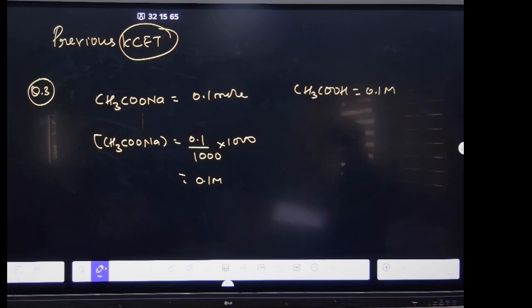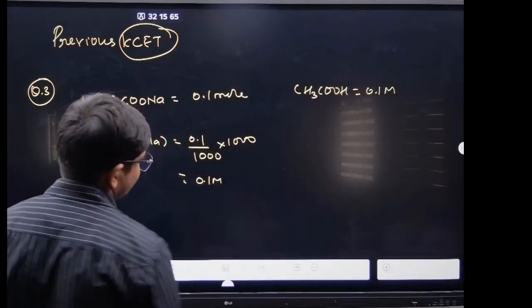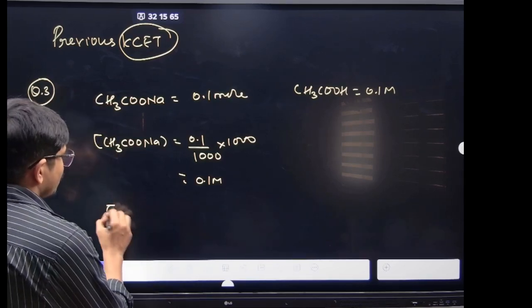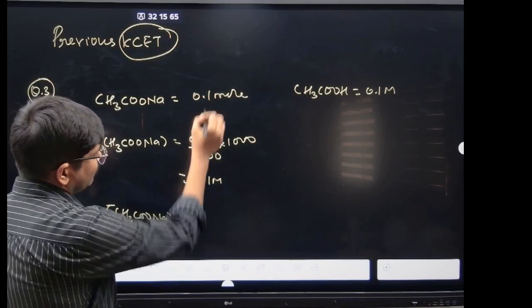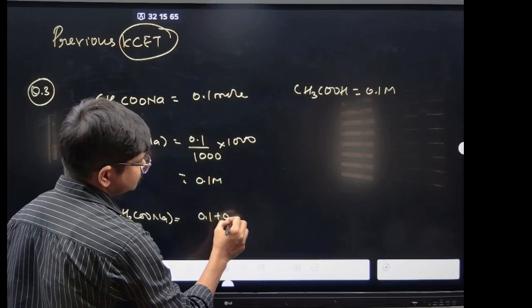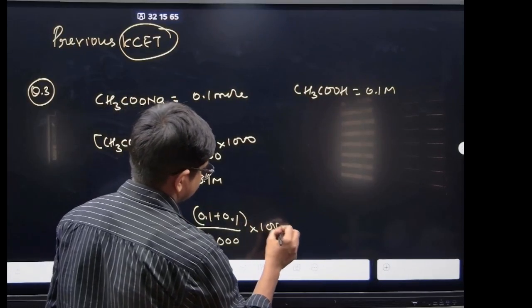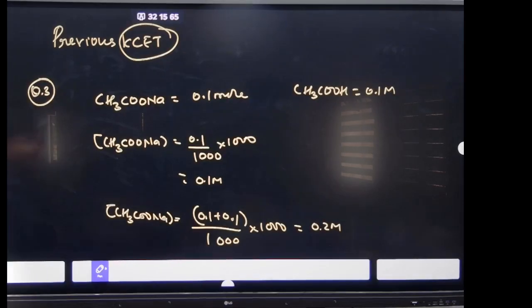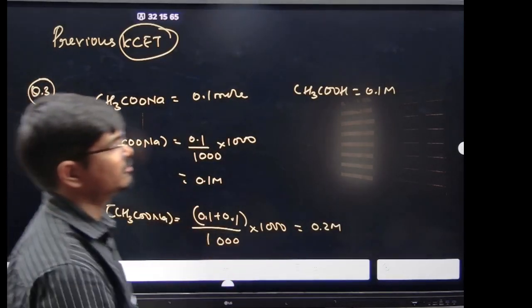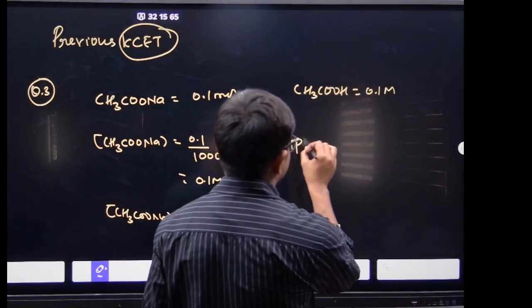You have added what? 0.1 mole of sodium acetate. Clear? Now, concentration of sodium acetate will be what? Total moles will be how much? 0.1 plus 0.1, 0.2 mole. After adding 0.1 mole, the concentration will be 0.2, right? Now you know the formula. What is the formula? pH is equal to what?